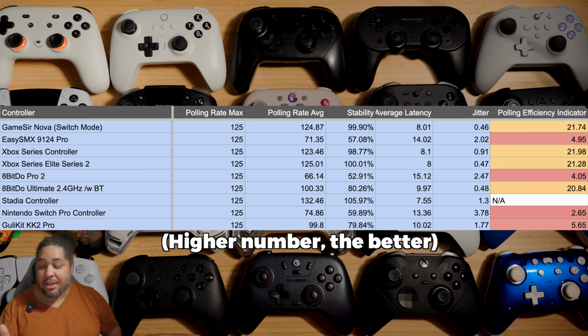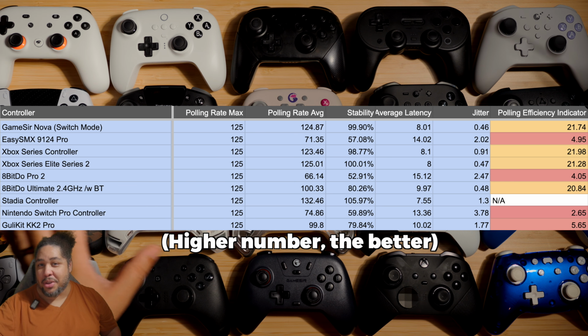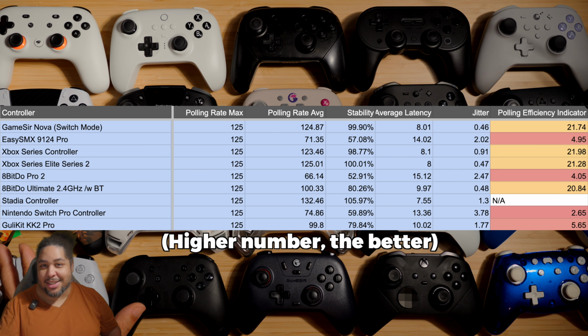It's not necessarily the most feature-heavy, but it's one of the few that actually have a 3.5 millimeter jack. The rumble is great, and the sticks are analog, the triggers are analog. It's a very solid controller. And in terms of performance, yes, we're still at 125 polling rate, although it often feels like this controller is overclocked from within, because it outperformed the maximum polling rate every time I tested it, and the latency rivals a tier above.